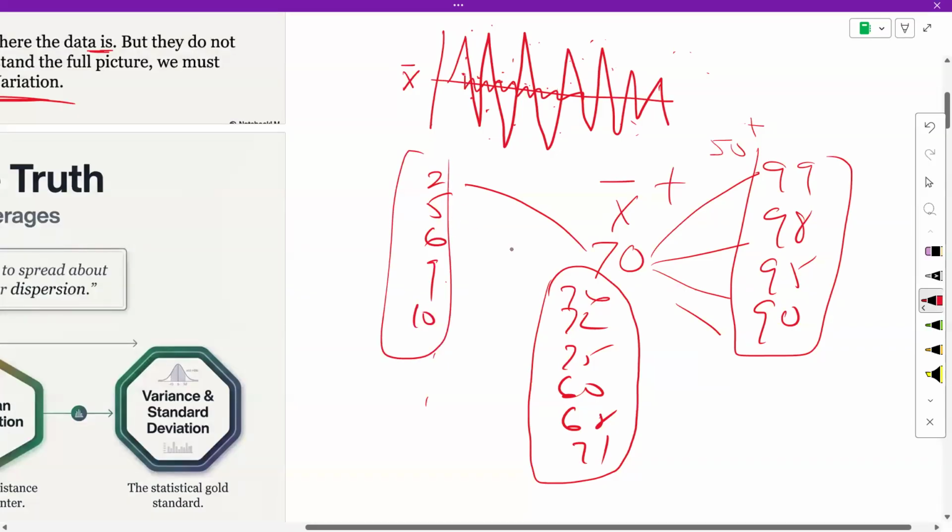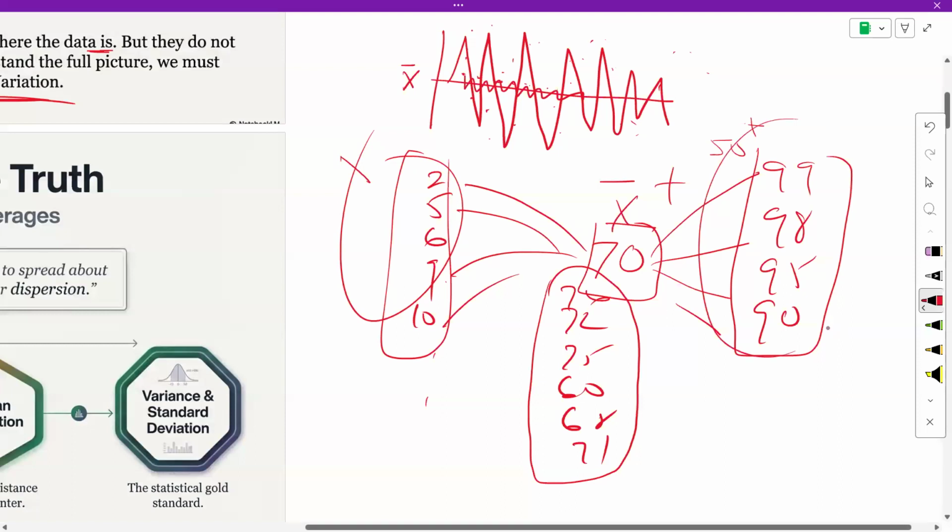Right? You see, these are far more varied from the mean, from the central value. So this set of data and this set of data deviate far more from that mean. But when you look at this data set, it is very close to the mean value, right? So then how are we going to measure it?